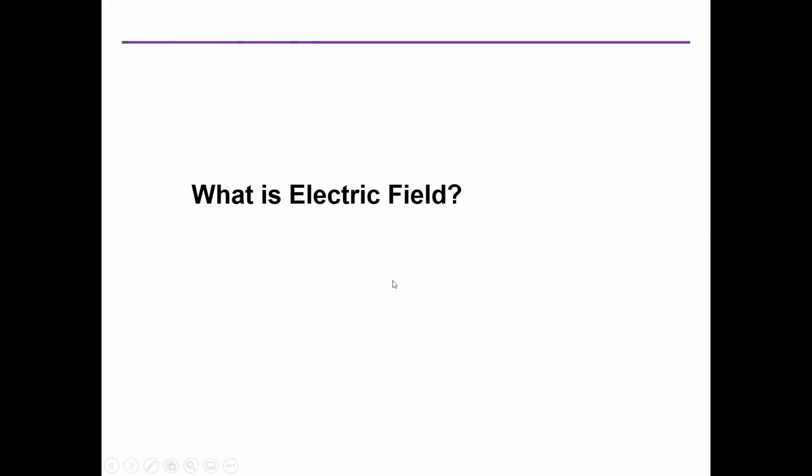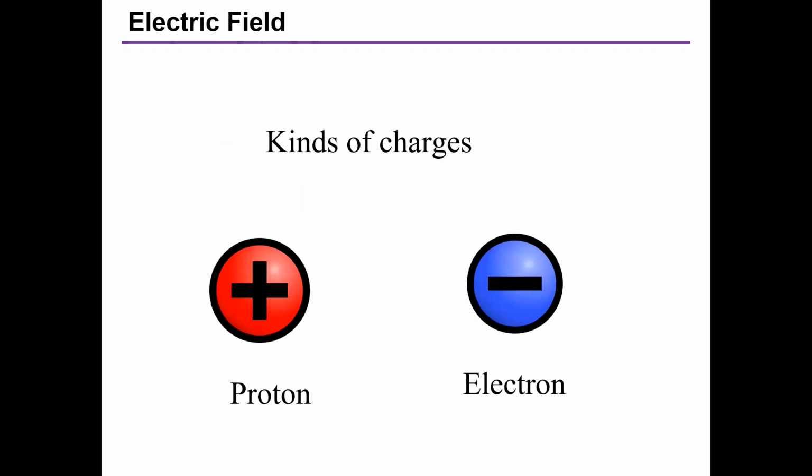To discuss the electric field, first of all, we should know about the basic electric charges. So there are two kinds of electric charges, positive that we call protons and negative that we call electrons. So these are two kinds of basic electric charges.